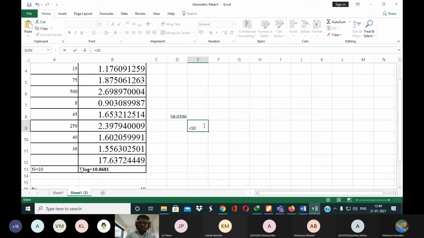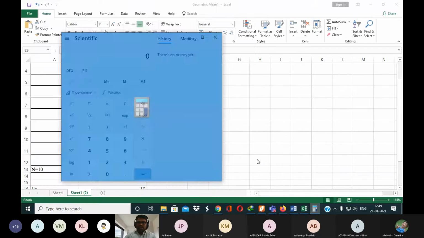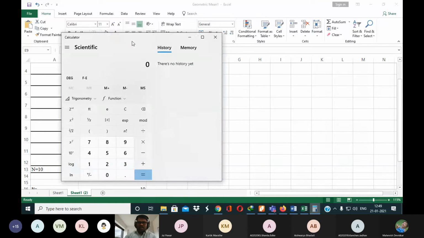In this way you can calculate the anti-log. Or if you have a scientific calculator with you, there is an option for anti-log, so you can calculate the anti-log directly.